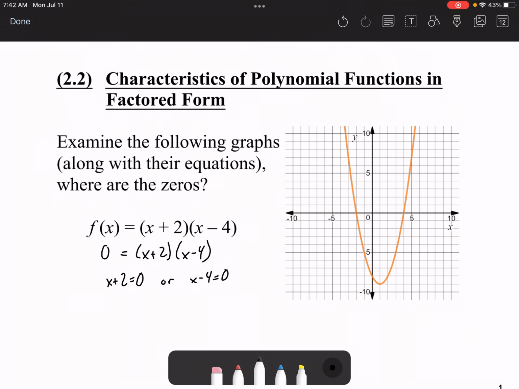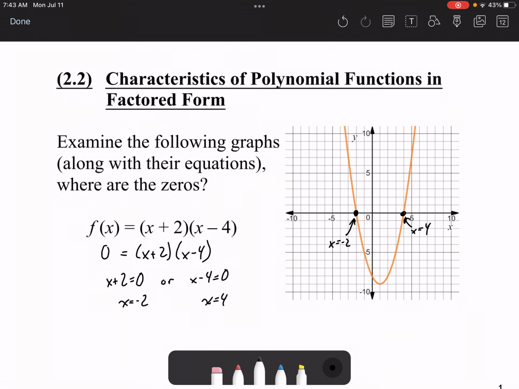If you solve each one, you get x equals negative 2, and x equals 4. And on your graph, there's that point, x equals negative 2, and there's that point, x equals 4.